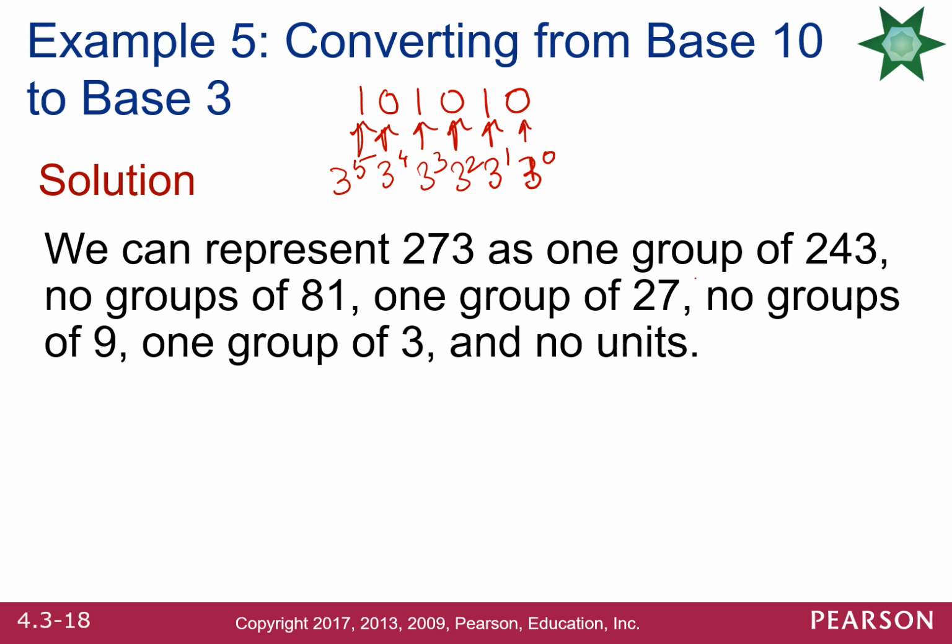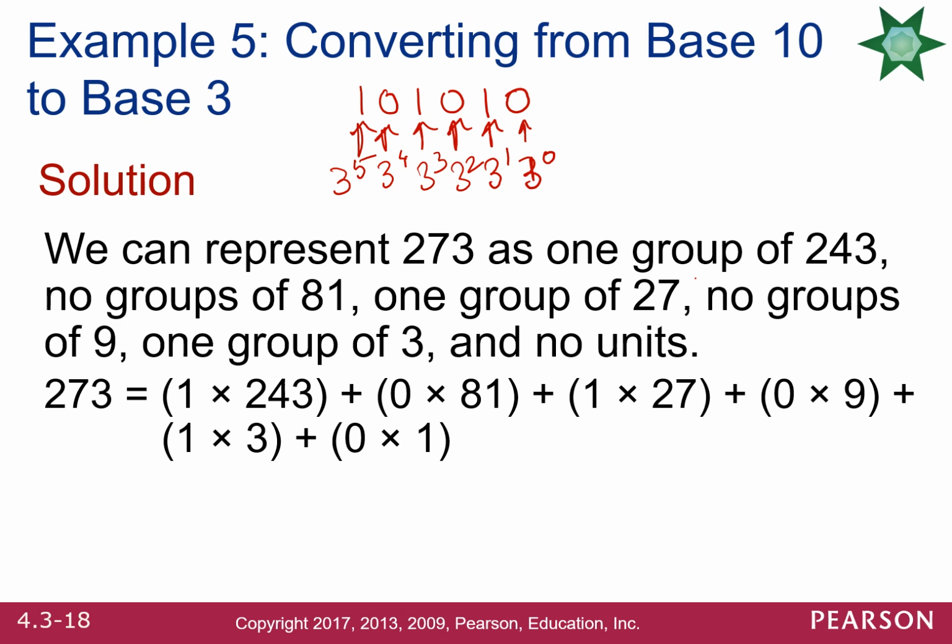So the way we write it in expanded form, we can represent 273 as one group of 243, no groups, 0 groups of 81. 3 to the power 4 had a place value of 81. Then one group of 27, no groups of 9, meaning 0 groups of 9. One group of 3 and 0 groups of the units, the rightmost digit.